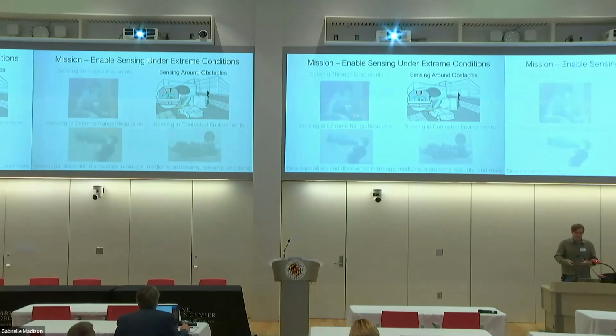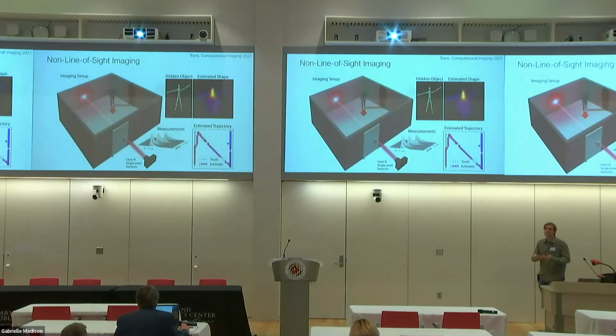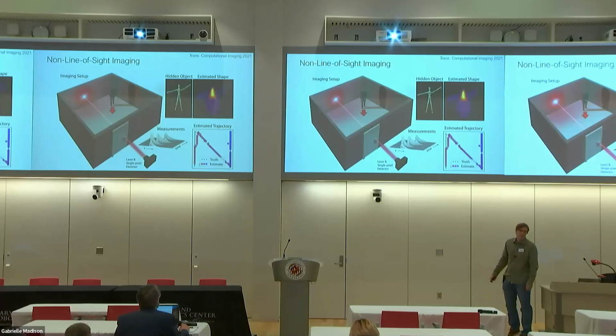Non-line of sight sensing, so sensing around obstacles. Much of my postdoc work was focused on how can we see inside a room where we only have access to a keyhole. So leverage inverse synthetic aperture radar type ideas to reconstruct the trajectory and shape of a hidden object inside a room, with no light that goes directly between the sensor and the object.